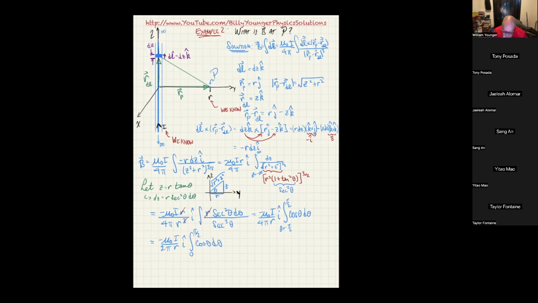And of course, the derivative of sine is cosine, so the integral of cosine is sine. So I'm just going to get negative mu 0 I over 2 pi r I hat times the sine of pi over 2 minus the sine of 0.